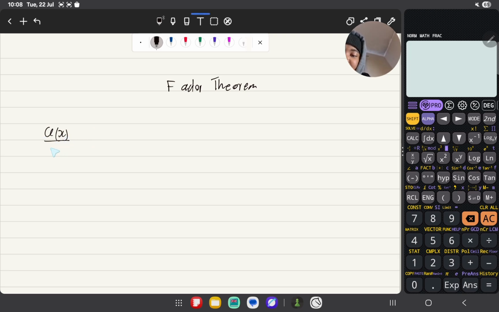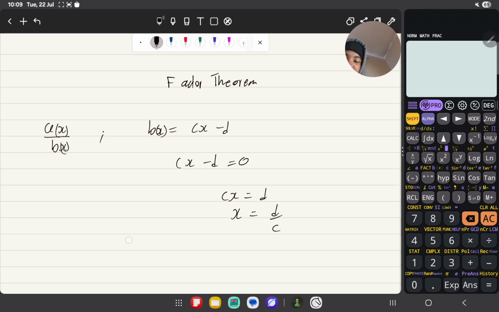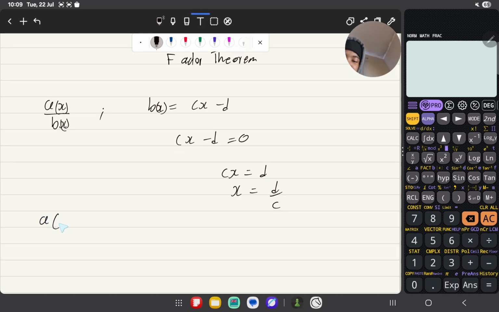If this A of x is divided by B of x, and B of x is cx minus d, we take cx minus d equals 0, cx equals d, x equals d over c. Then we said that A of d over c is going to give us our remainder. Cool. That was the remainder theorem.